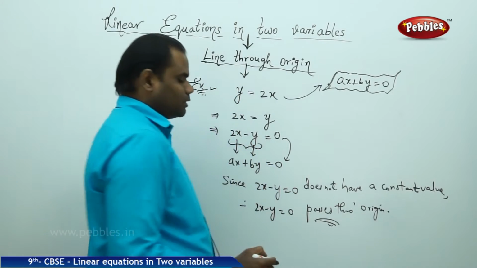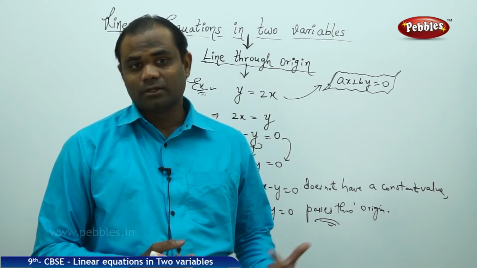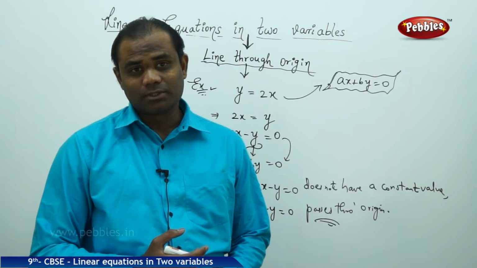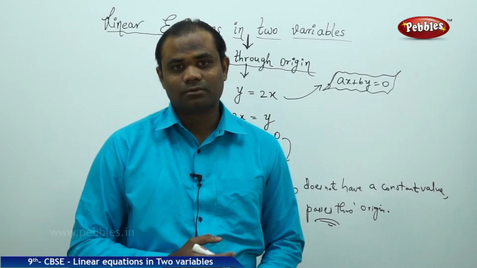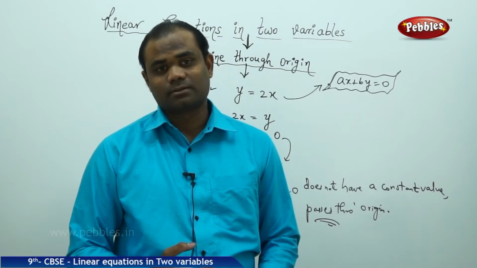It should be a line which passes through the origin in the xy coordinate system. A straight line passing through origin is represented by ax plus by equal to 0. See, the constant vanishes, is how I understand.